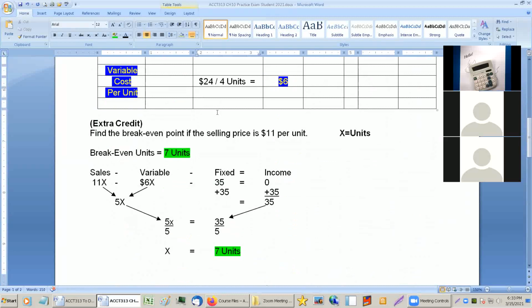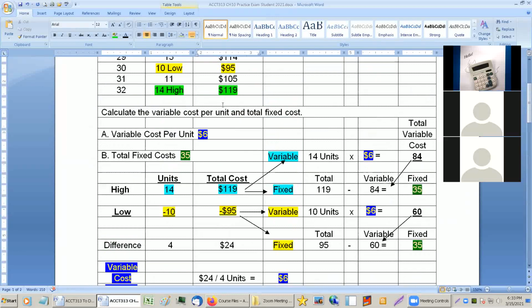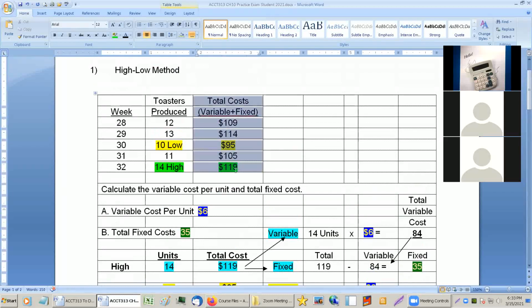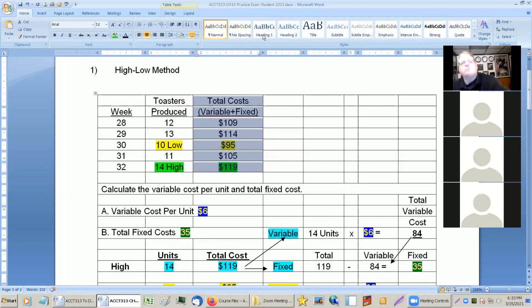And again, the reason we're doing this is a lot of times it's easier to get the total cost than it is to add up all of the little ones. The total cost, you just look at your bank statement, look at all the costs that went out. So that's why we're doing it this way.